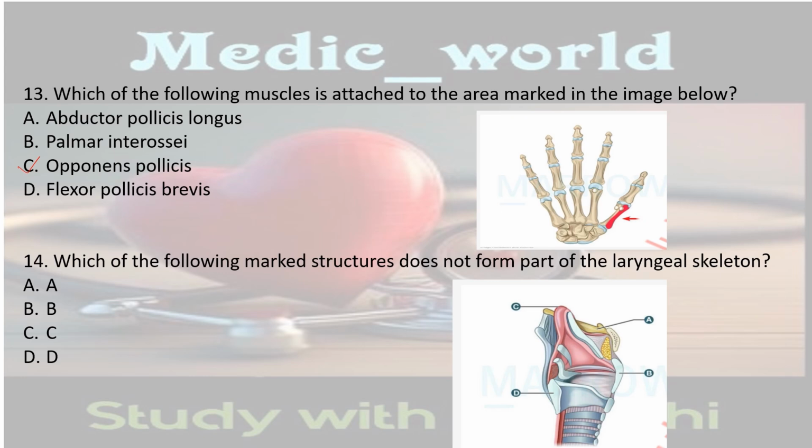A is the hyoid bone, B is the thyroid cartilage, C is the epiglottis, and D is the cricoid cartilage. Epiglottis, cricoid, and thyroid cartilage are all parts of the laryngeal skeleton except the hyoid bone. So the answer is option A, that is hyoid.